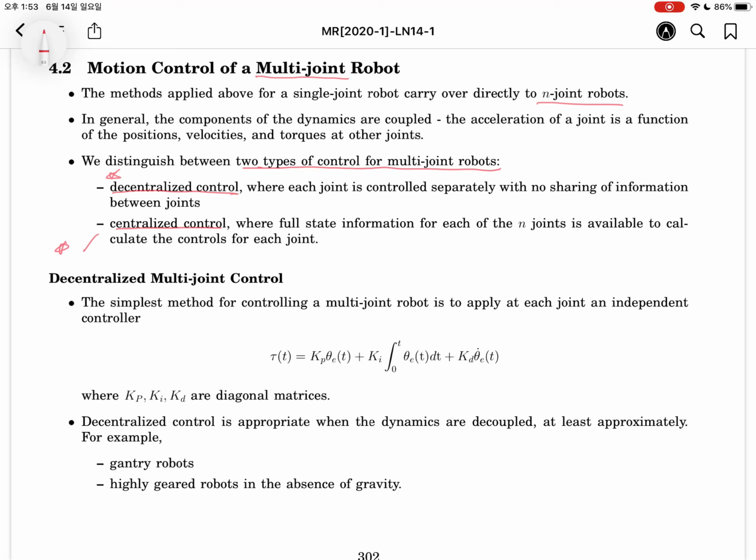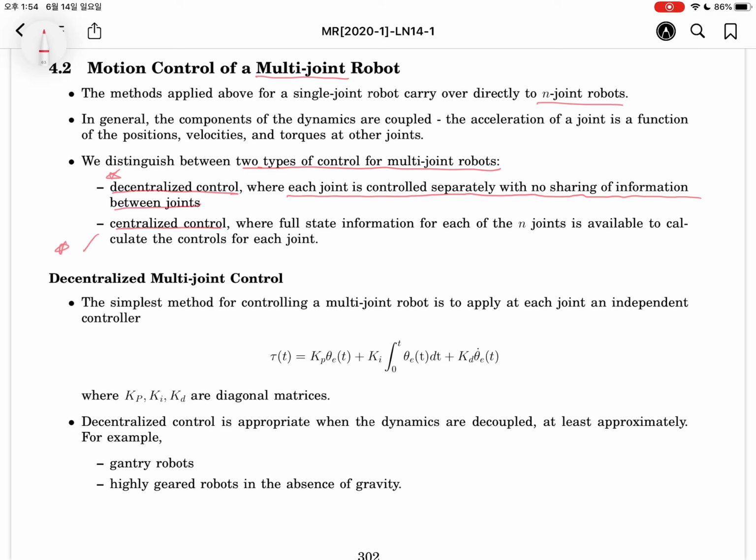Okay. In the case of decentralized control, each joint is controlled separately with no sharing of information between joints. Each joint's information contributes only to that joint. There is no sharing of information between them.